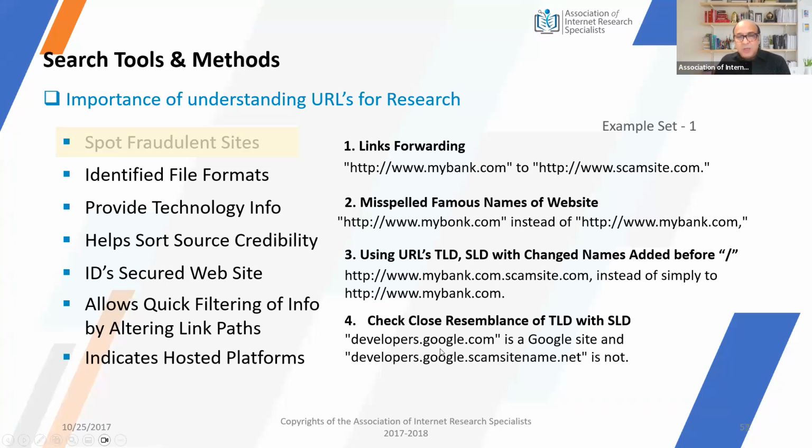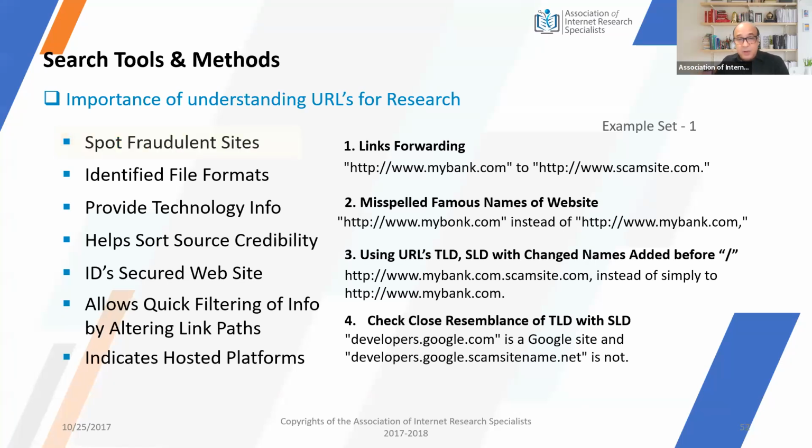And so there are these close variations of it. It is just showing you as an example, like developers.google.com is a genuine domain, because the word developers, the subdomain, comes before google.com.